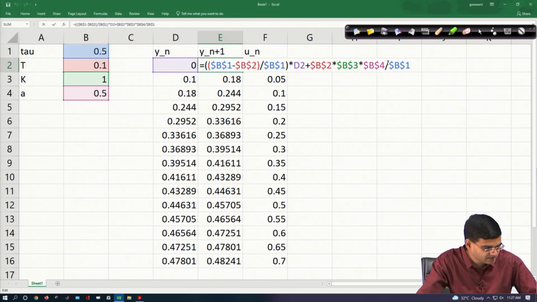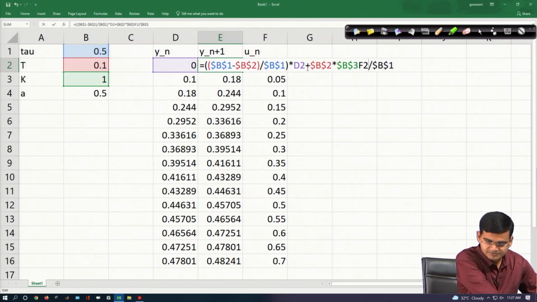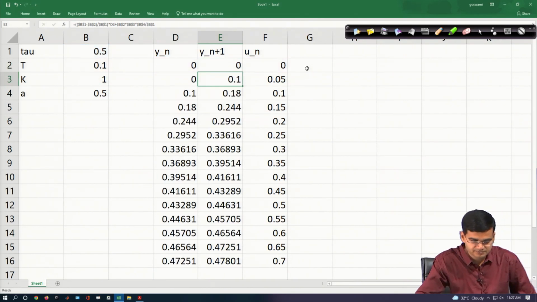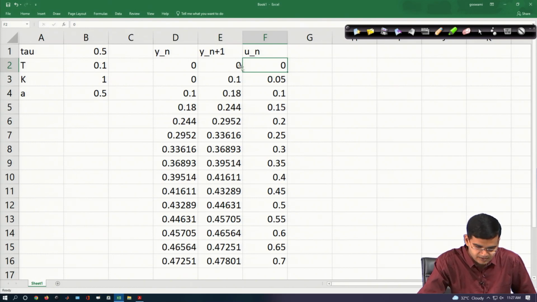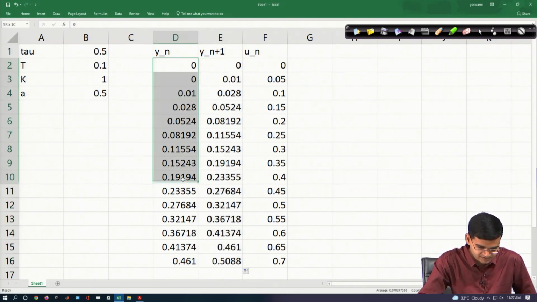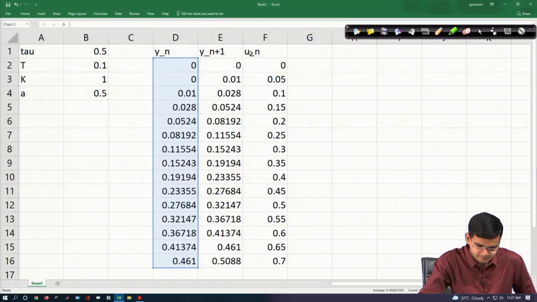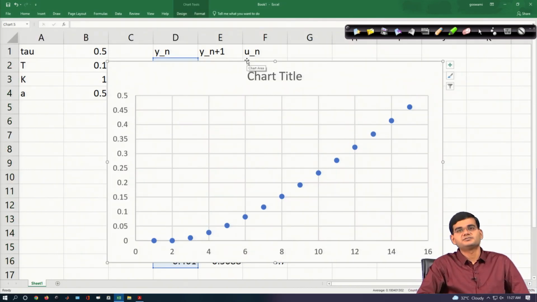Instead of B4, what I will use is F2, okay, into F2. Okay. And let us see what happens. Now, I have a function which looks like this, and let me plot the function. And see what you get.